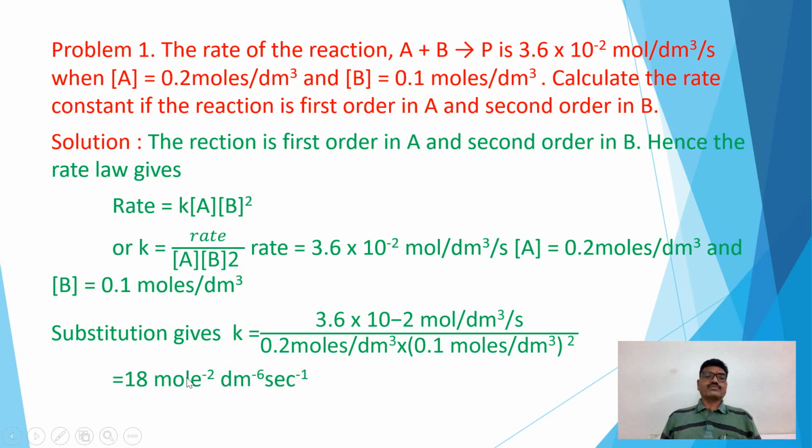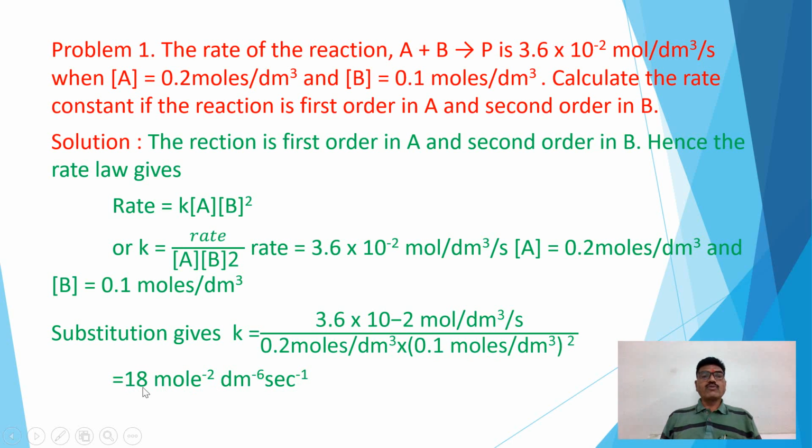Look at this, decimeters to the power 6 per second, like this. So the unit can be obtained by cancelling here. Moles per decimeters cube get cancelled here. Its square, mole square, decimeters to the power 6, like that.